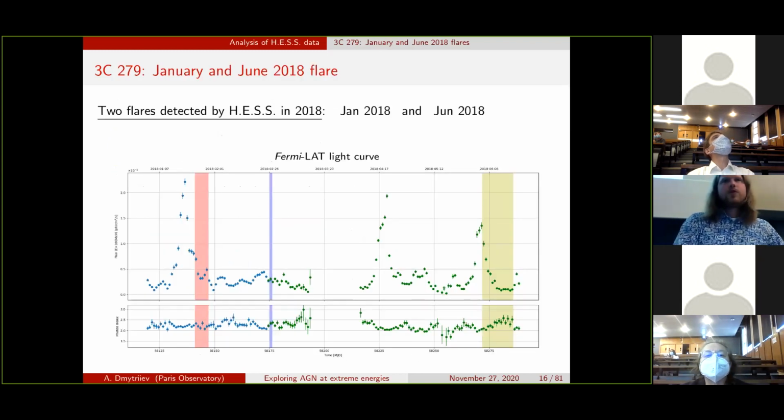And so in 2018, Fermi issued 3 alerts to H.E.S.S., and so there were 3 flares observed by H.E.S.S. in 2018: January, February, and June. My contribution: I was a member of a dedicated task force to analyze the data collected during these 3 flaring states.